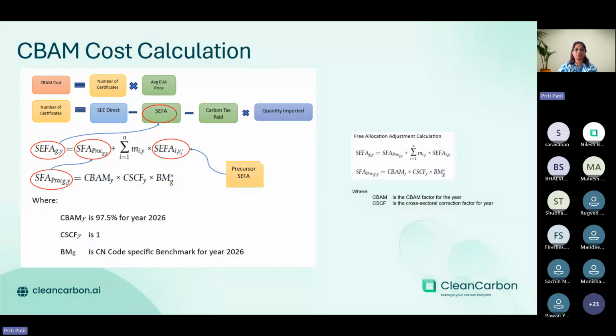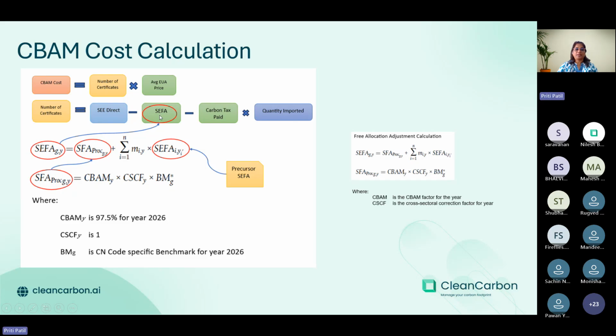So the free allocation adjustment is subtracted from your SE direct. Again, your carbon tax paid is also subtracted from these two, and then whatever is remaining is multiplied by the quantity imported. So per ton, how much embedded emissions you are bringing in, into quantity imported.